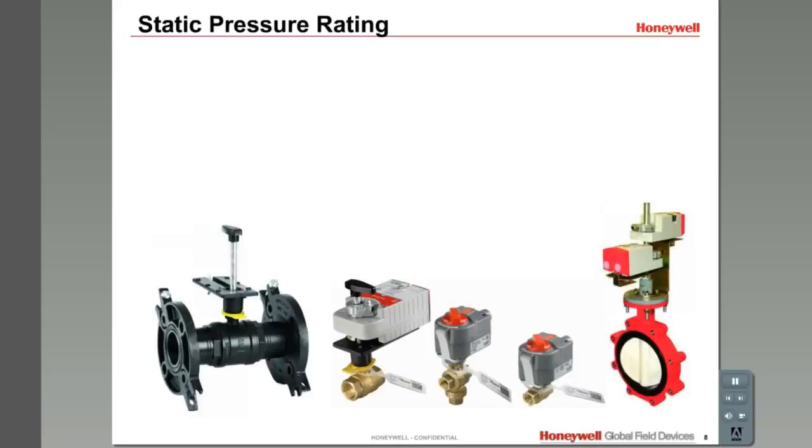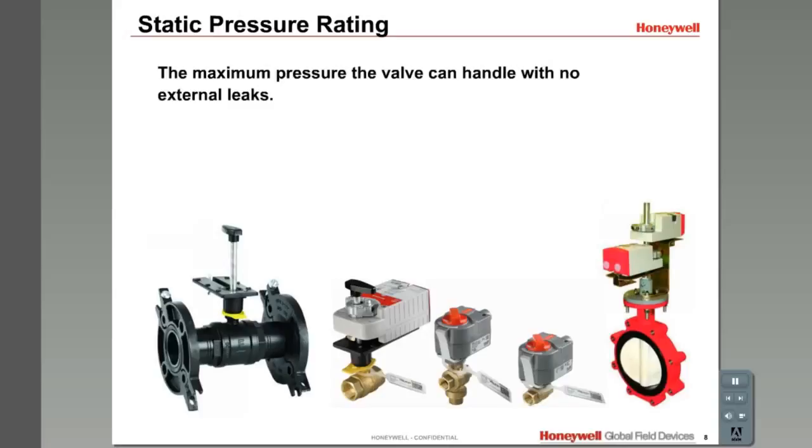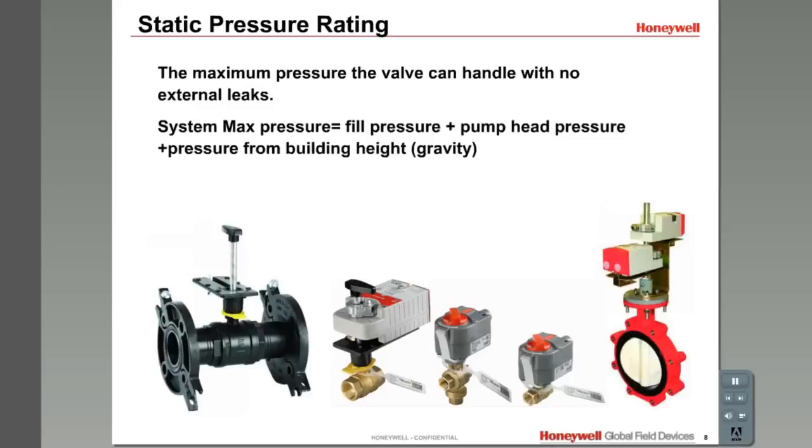The static pressure rating of a valve is simply the maximum static pressure the valve is designed to handle. Obviously, the rating of the valve must be greater than the designed maximum static pressure of the system. Static pressure is created by the fill pressure of the system, the circulating pump, called pump head, and by the gravity from the weight of the column of water.